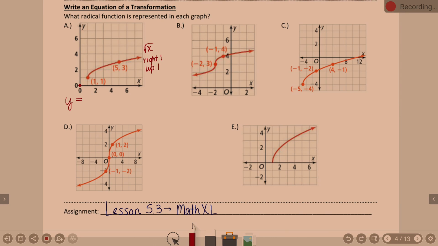Y equals square root of x minus 1. Okay. Right 1. You put a minus 1 under the radical. Plus 1. Up 1. We put a plus 1 outside of the radical. If I took Desmos or a graphing calculator and plugged that equation in, would I get the same graph I'm looking at? I hope so. You should, right? That's the key. That's your goal.